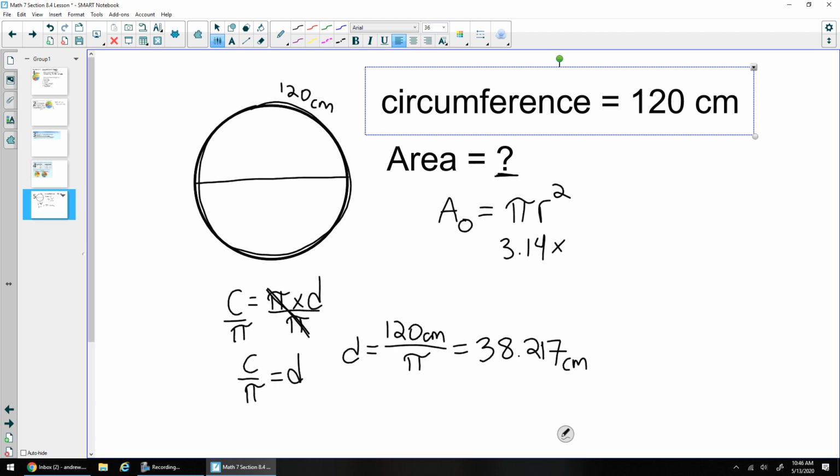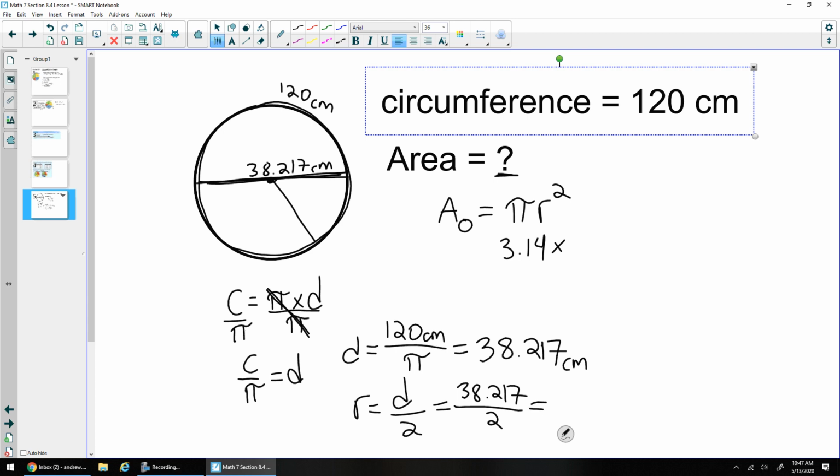The radius is equal to half of your diameter, because diameter goes all the way across. So all the way across would be 38.217 centimeters. My radius, from the center just to the outside, would be half of that. So diameter divided by 2 is radius. 38.217, I would divide by 2.